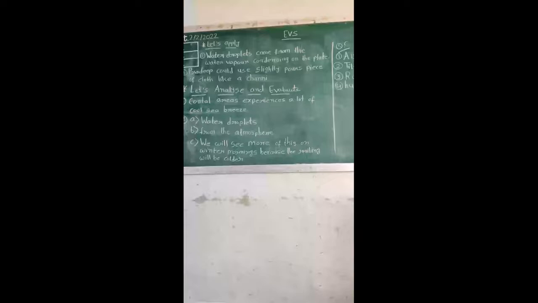Okay, beta. Water droplets came from the water vapor condensing on the plate. Second question, Pradeep could use a slightly folded piece of cloth like a chunni.